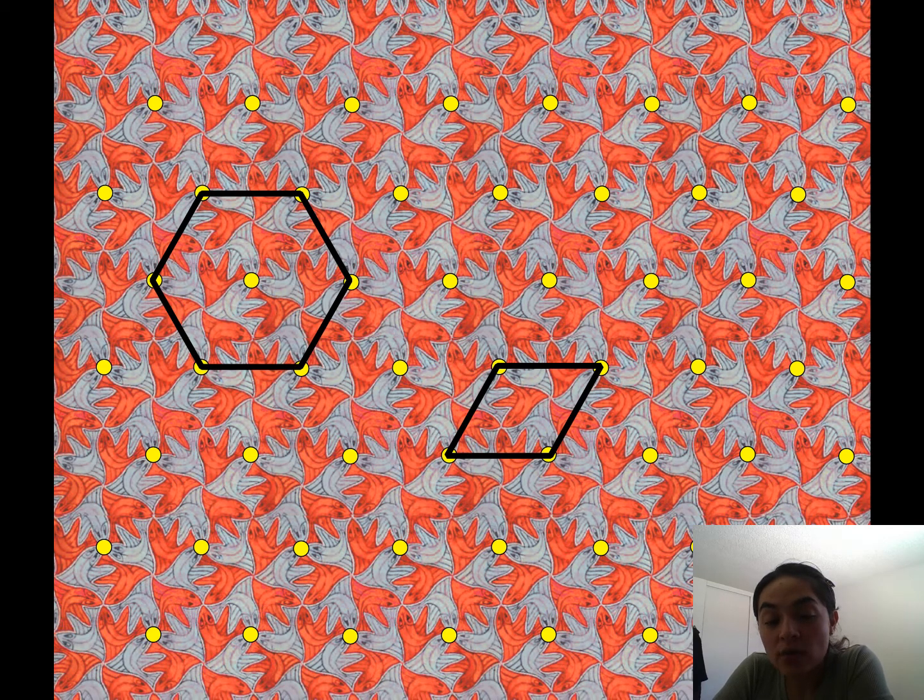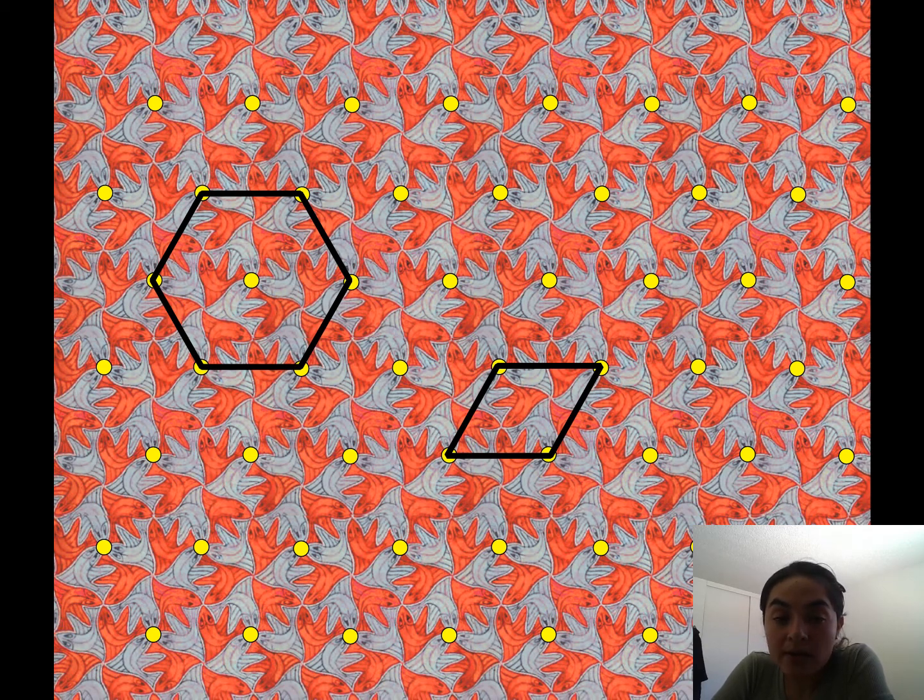And having the shortest length between elements would make up the primitive unit cell, which is a cell with the shortest distance of repeating motifs along a certain direction and length.